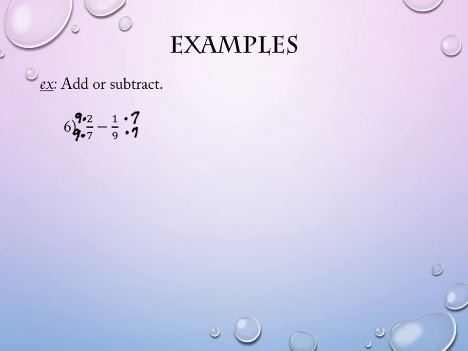So my denominator will be a 63, right? And my first numerator is 18. My second numerator is 7. 18 minus 7 is 11 over 63. Do 11 and 63 have anything in common? No, they don't, so we're done.